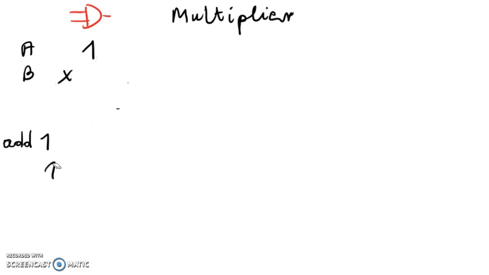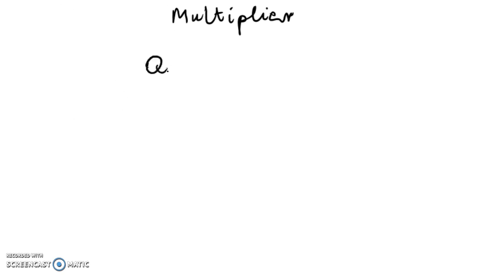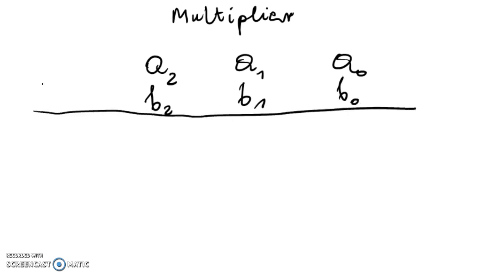Let's wipe it out, and let's assume that you've got two 3-bit numbers. One is A2, A1, A0, and the second is B2, B1, and B0. And your task is to multiply these using the new algorithm, a little bit different than the usual one. So let's assume that your partial result at the beginning is 0.